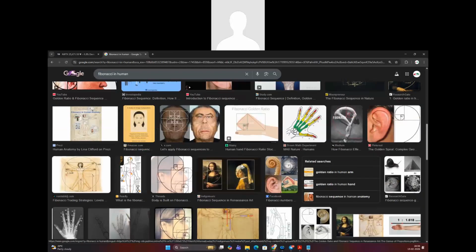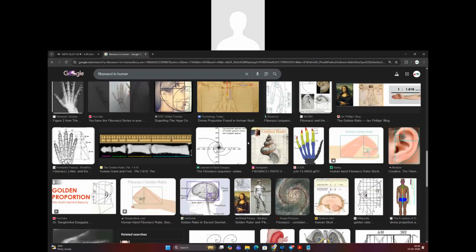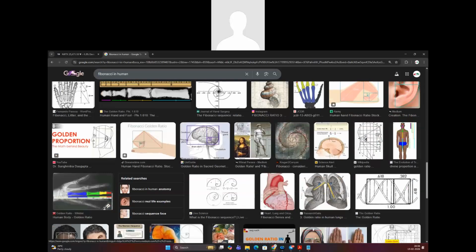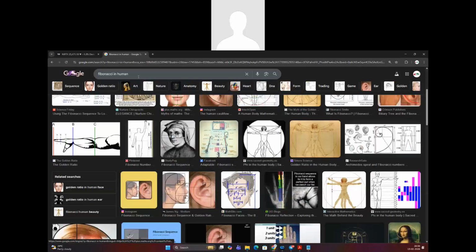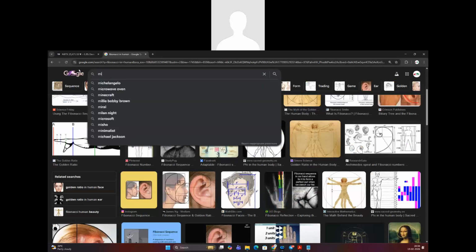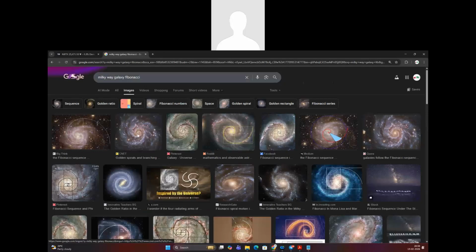So each and everything, even the universe follows the Fibonacci. See Milky Way galaxy, I'm going to show you. See, the Milky Way galaxy depends on the Fibonacci sequence.